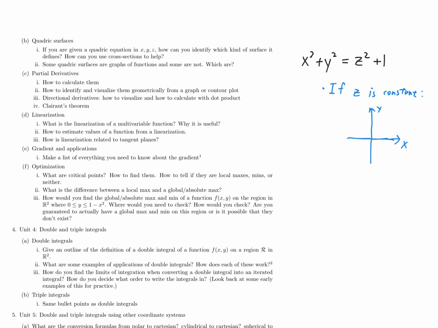And so we'd get a circle, right? So this tells us that we have circular cross sections where z is a constant. And that tells us that we have rotational symmetry around the z-axis, that all of the horizontal slices of this surface would be circles.